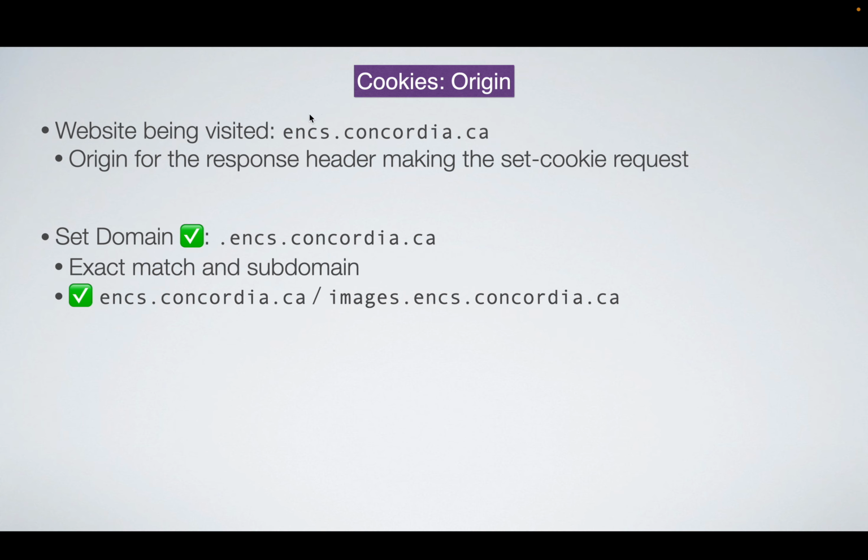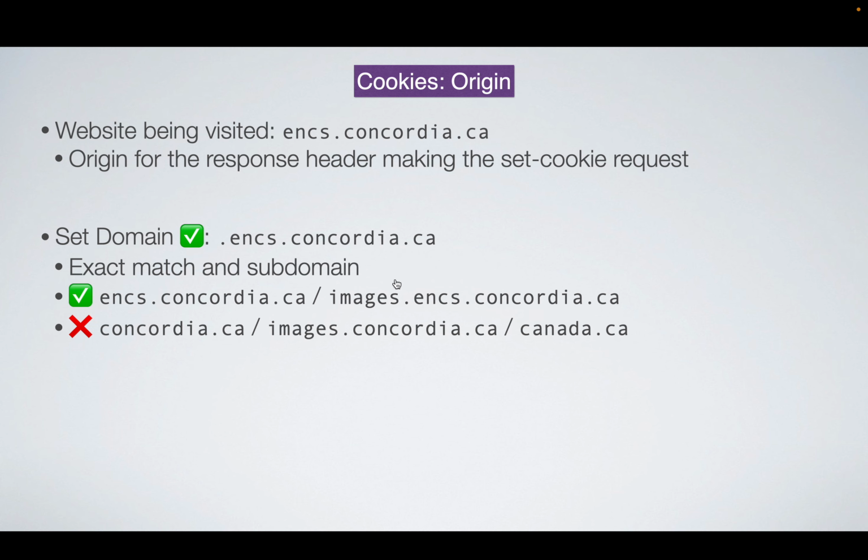The cookie gets set by this website, inside the cookie is this website, and now I'm going back a second time to these websites and the cookie's getting sent. If I go to the super domain, concordia.ca, if I go to a different subdomain, images.concordia.ca, or if I go to an unrelated domain, then the cookie is not sent. So the dot here just means any subdomain of exactly this. If anything else about this changes, then it won't get sent.